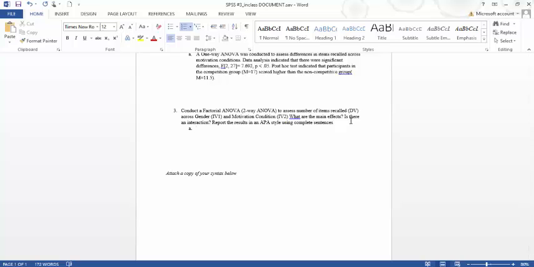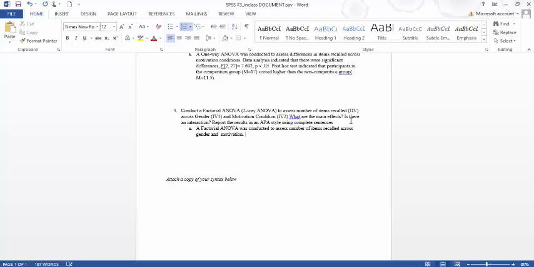Again, we always want to tell the reader what data analysis we conducted. So we're going to say a factorial ANOVA was conducted to assess number of items recalled across gender and motivation.